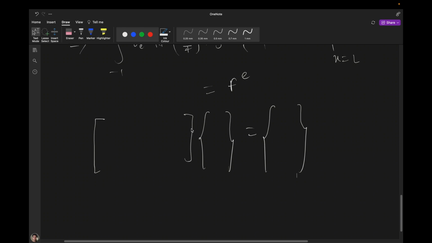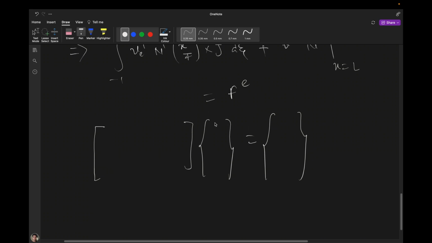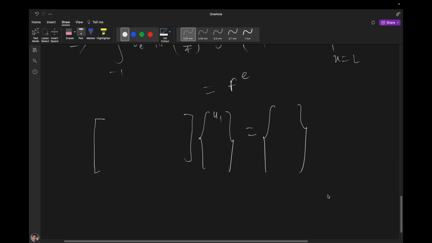So we already knew this point u1, and we also knew this F1, but we don't know this part, and we also don't know this part. Am I right or not? Yes, sir.